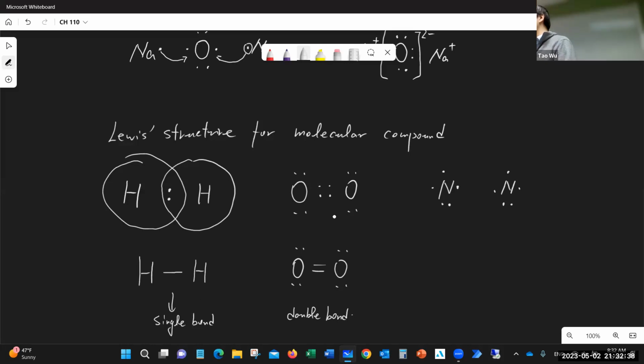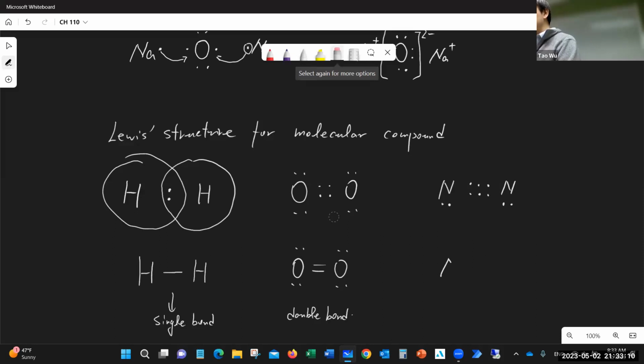So they say, why don't we share, everyone offers 3 electrons, so we have 3 pairs of electrons shared. Now they are sharing 3 pairs of electrons altogether, making it a triple bond.